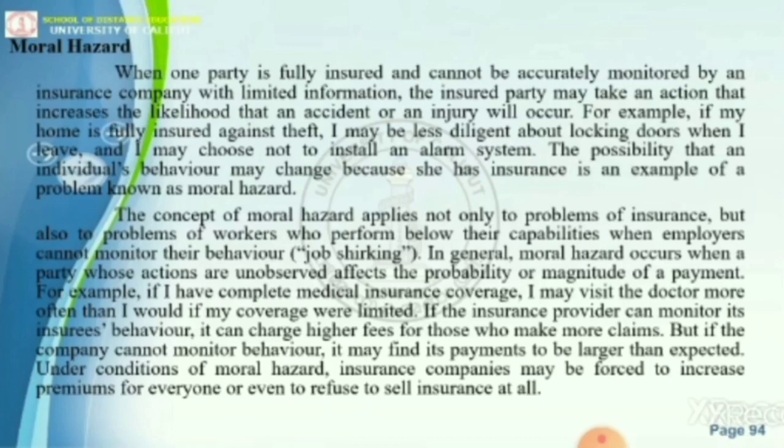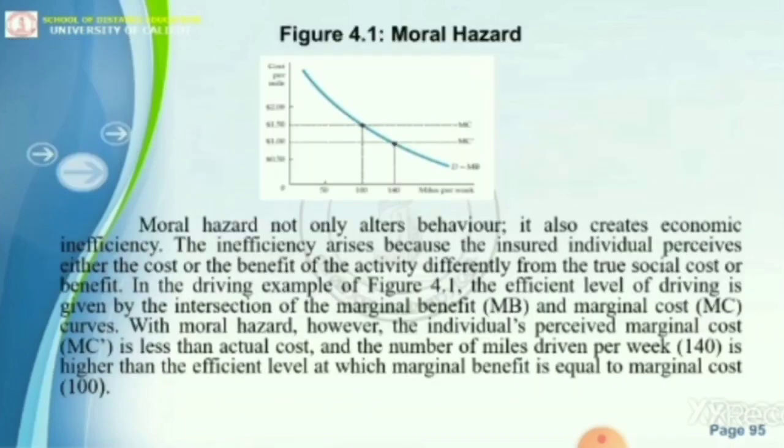If the insurance provider can monitor its insureds' behavior, it can charge higher fees for those who make more claims. But if the company cannot monitor behavior, it may find its payments to be larger than expected. Under conditions of moral hazard, insurance companies may be forced to increase premiums for everyone or even to refuse to sell insurance at all.